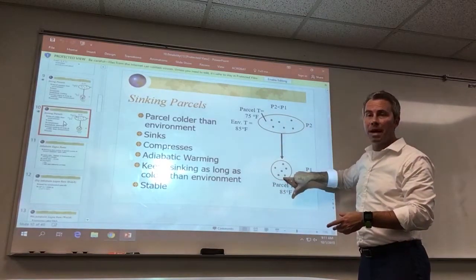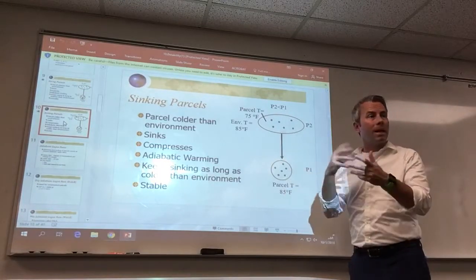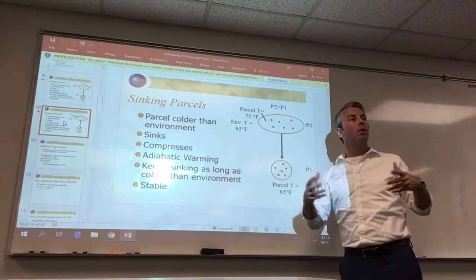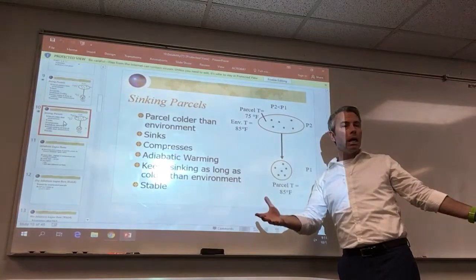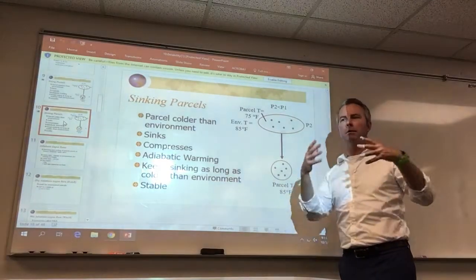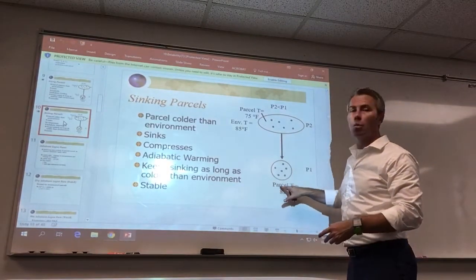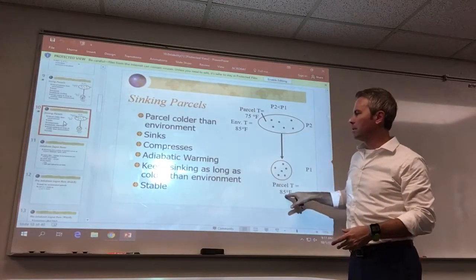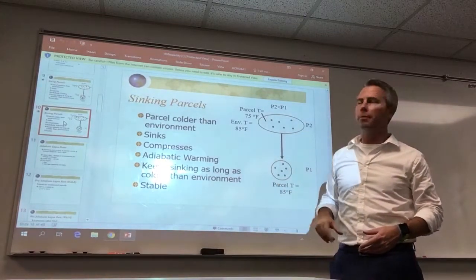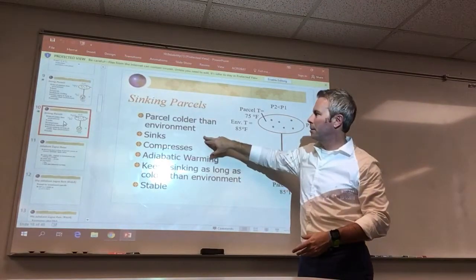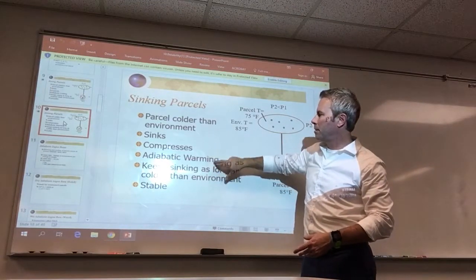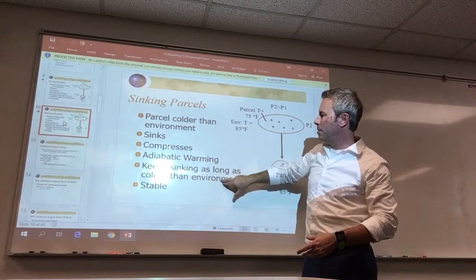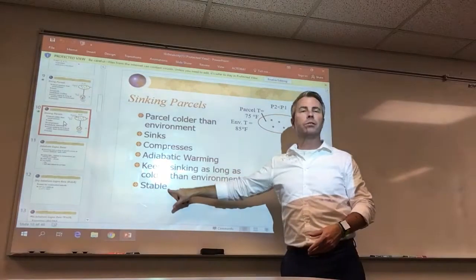They now have less space, and so they start to bang into each other, which creates more friction, energy, kinetic energy, and so it starts to warm up that air pocket. And so that air pocket eventually becomes the same temperature as the environment. So the idea here is that it sinks, compresses, starts to warm up, keeps sinking as long as it's colder than the environment, and it turns into a stable environment.